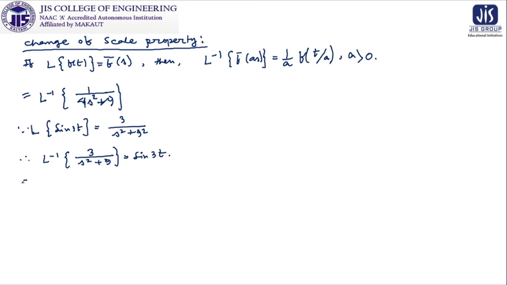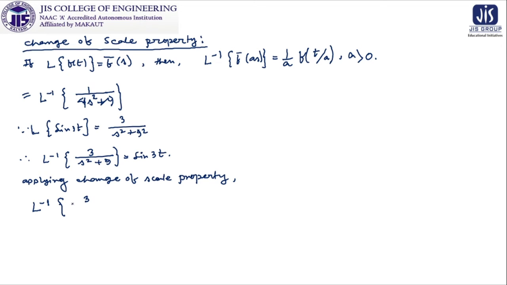Now applying the change of scale property, we can write the next line as Laplace inverse of, I am doing it for as, that means here a is taken as 2.